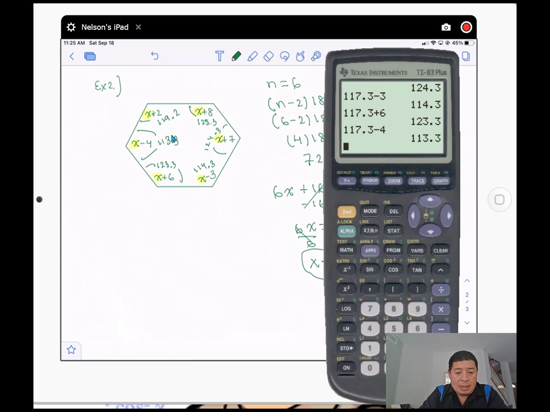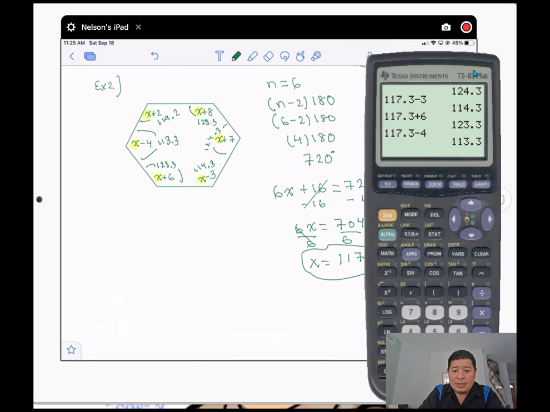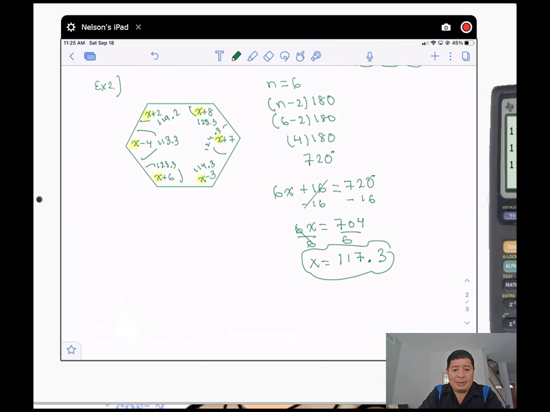And there you have it. Now, if you add all of those numbers, you're going to be relatively close to 720 degrees. And there you have it.